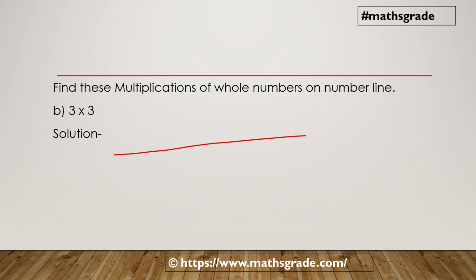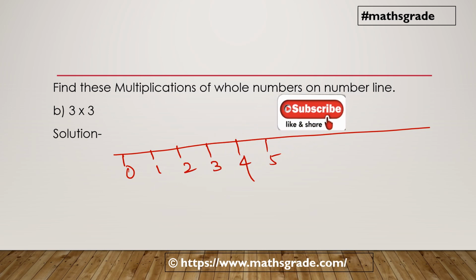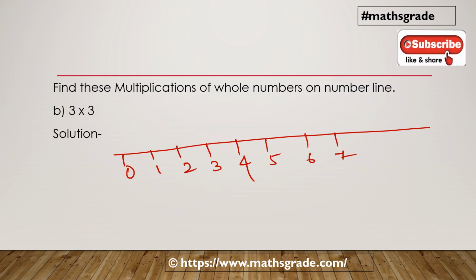First draw the number line. 0, 1, 2, 3, 4, 5, 6, 7, 8, 9, 10, 11. 3 multiplied by 3. Starting from 0, move 3 units, that is 3.